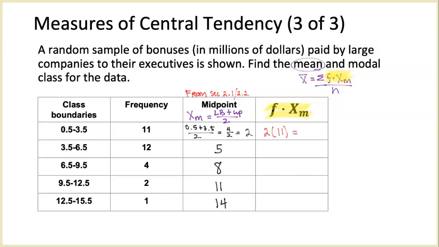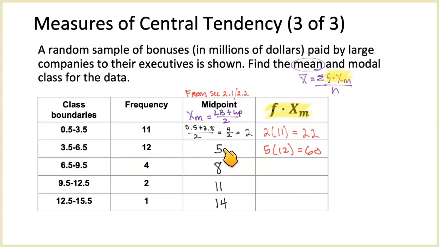It represents the frequency of 11. So frequency of 11 times the midpoint of 2, and that gives us 22. Same thing with the next one. We look at taking a frequency of 12. So there's 12 individuals in this interval that received a bonus from 3.5 million to 6.5 million.